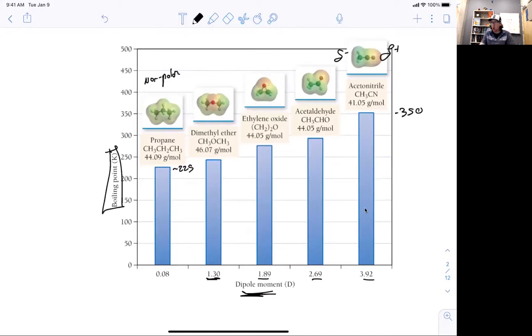So propane boils way below room temperature. You pour it out at room temperature and pressure, and it's boiling. But if you put your hand on it, it's cold. That's because the intermolecular forces aren't strong enough to hold it together at room temperature and pressure. But acetonitrile has such an enormous dipole moment that so many of the molecules are held together so tightly that when you pour it out, it's a liquid.